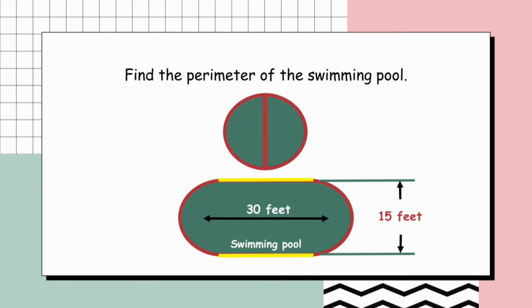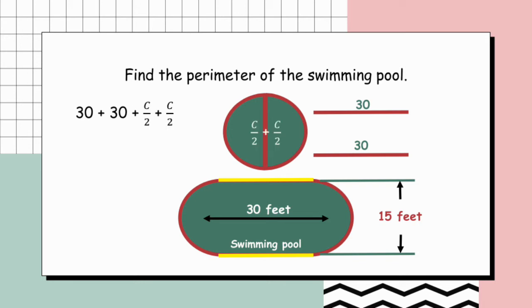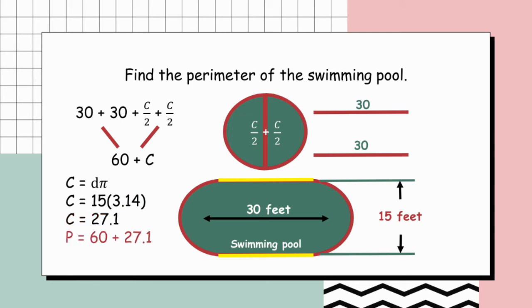The perimeter is 30 plus 30 plus C divided by 2 plus C divided by 2, which equals 60 plus C. C equals D times pi, or 15 times 3.14, or 47.1. The perimeter is 60 plus 47.1, or 107.1 feet.